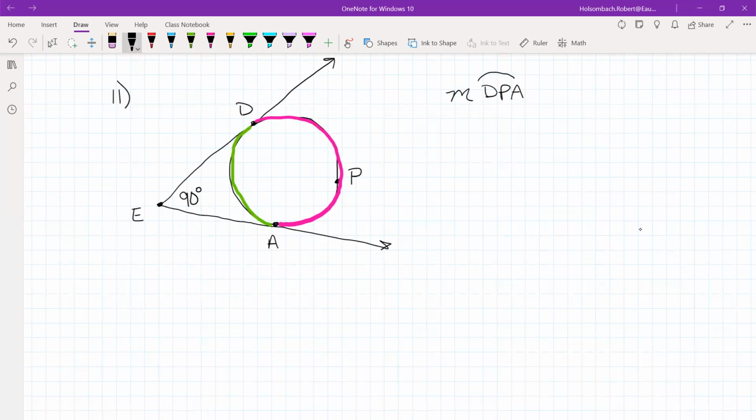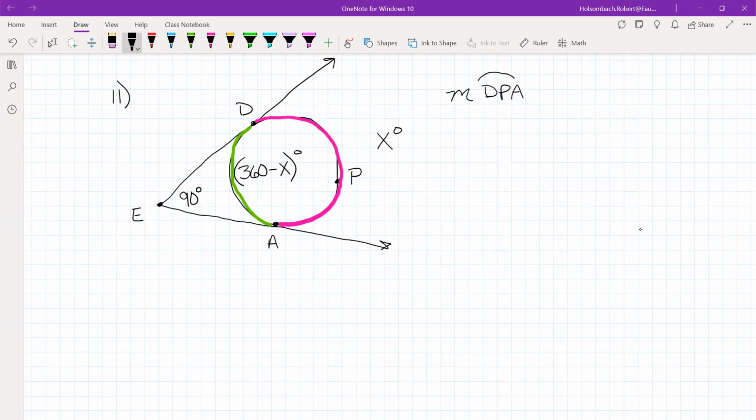We're going to call the big arc X degrees. Now, if the big arc is X degrees, isn't the little arc 360 minus X degrees? The two arcs together have to sum 360, don't they?